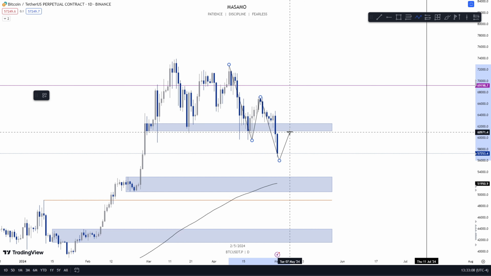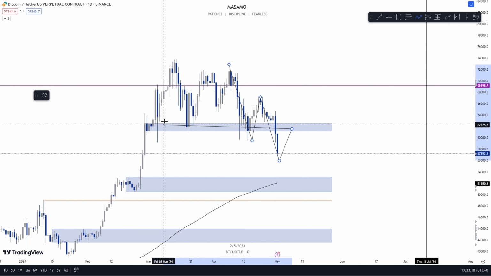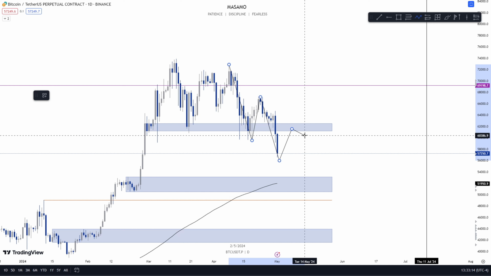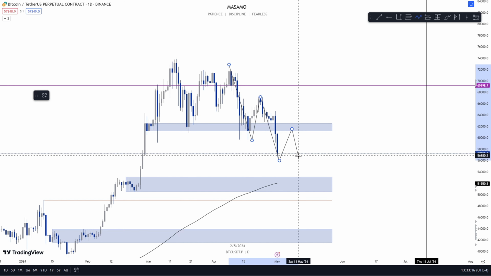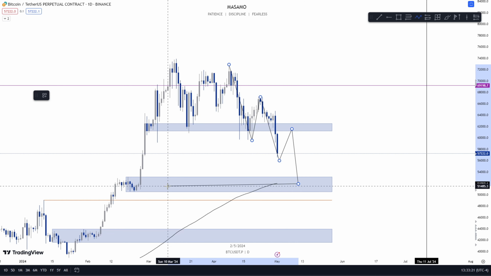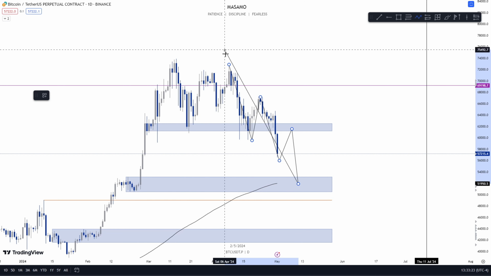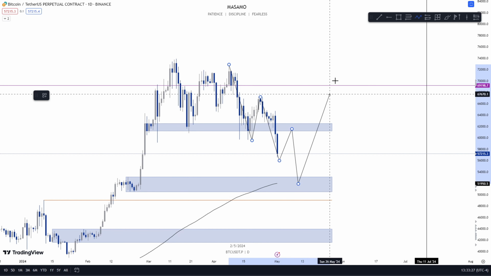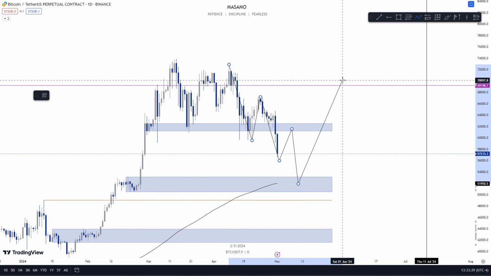Right now imagine that price goes up, touches this area, these lows, as a resistance, so we test this area as a resistance, then price comes down, tests this 50k area, which will complete this five wave and 3 drops to the downside, and then have a bullish price action.